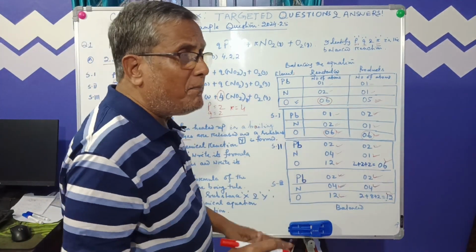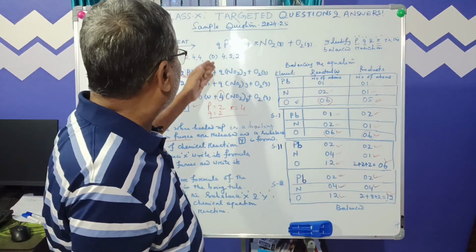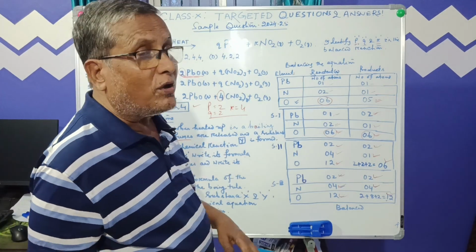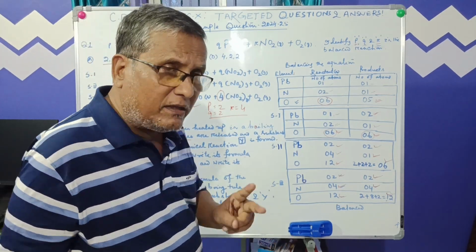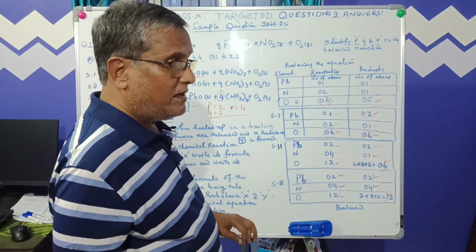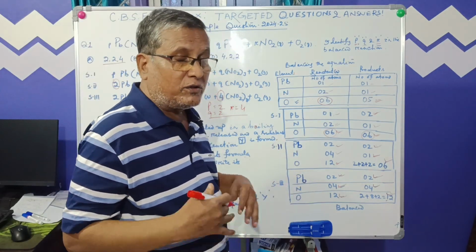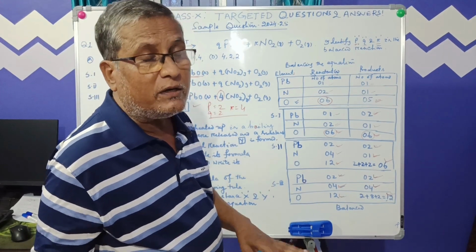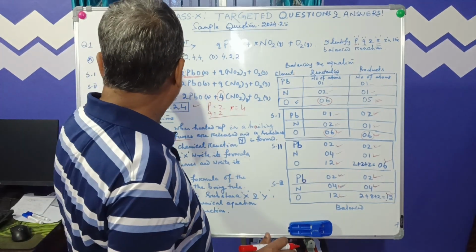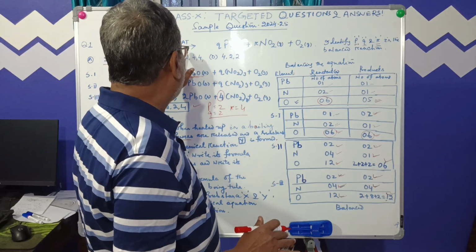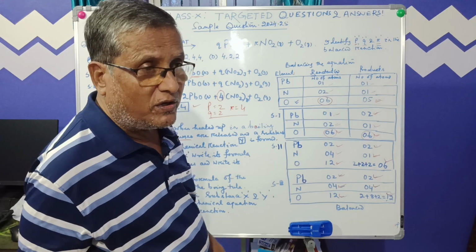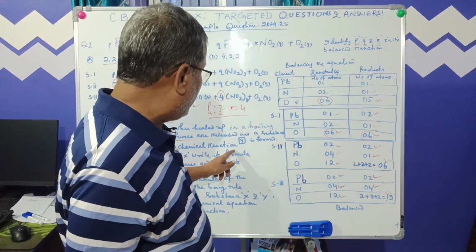This is called a decomposition reaction, and since heat is applied, it is called thermal decomposition. There are two other types of decomposition reactions: electrolytic decomposition and photo or photolytic decomposition. So this is an example of thermal decomposition. The name of the chemical reaction is thermal decomposition.